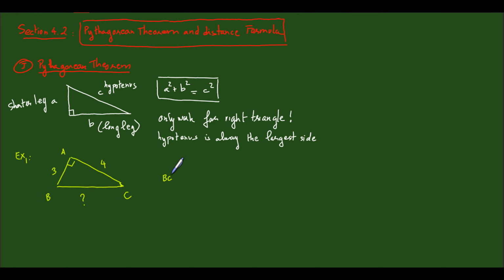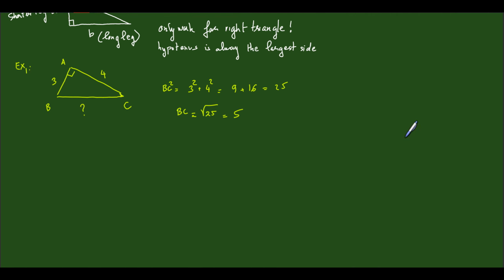So BC squared is going to be equal to the shorter leg, which is 3 squared, plus 4 squared, right? So it would be 9 plus 16, which is 25. Then for BC, you're going to take the square root of 25, which gives you 5. Some students ask me why not -5.